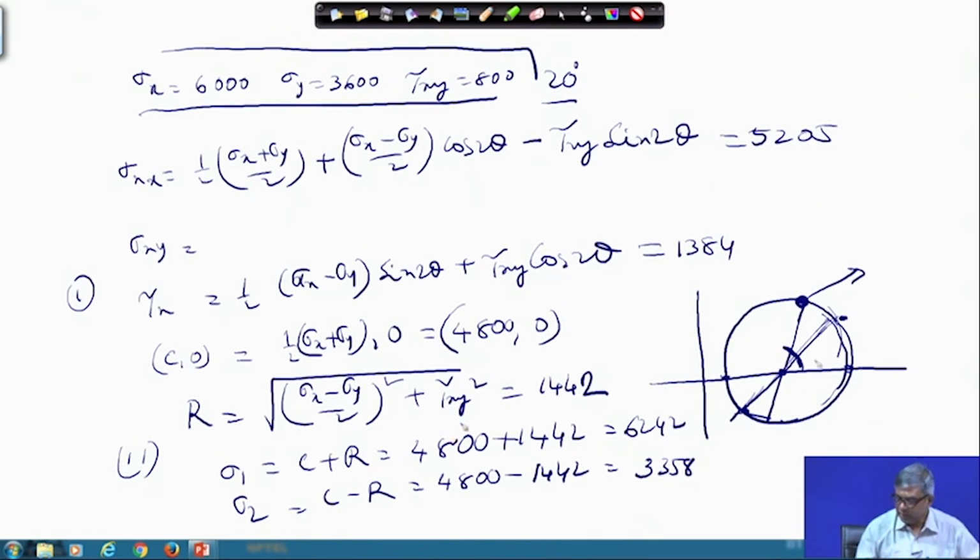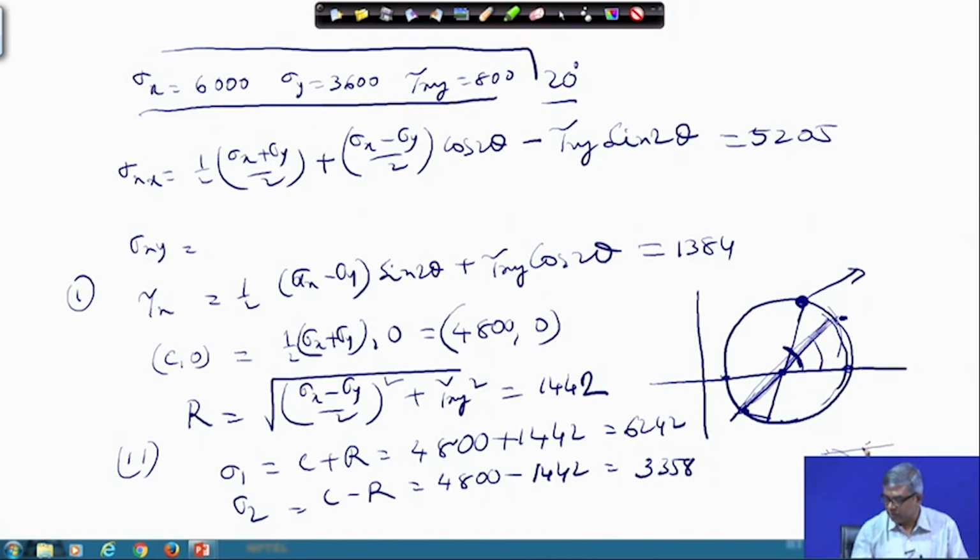And its orientation also can be drawn. You can see this was the plane we have drawn on the state of stress, and the maximum occurred here, it has gone in this direction. So, I can imagine one point something like this, horizontal direction is this, and a plane inclined.